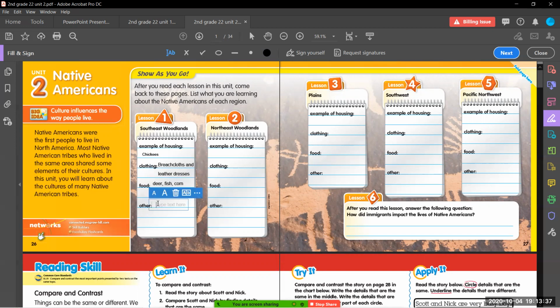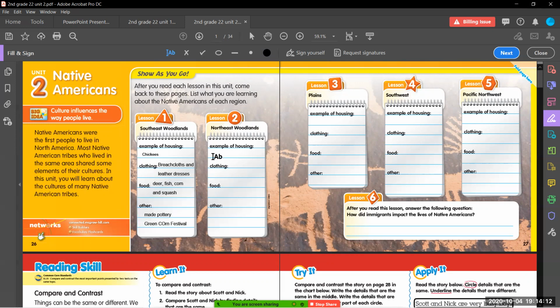All right, now as far as other, we know that they used clay to make pottery. And they had their green corn festival. So that's another thing that's special about the Southeast Woodlands. So this other section is where you just want to put interesting facts and celebrations and things that make that tribe unique.